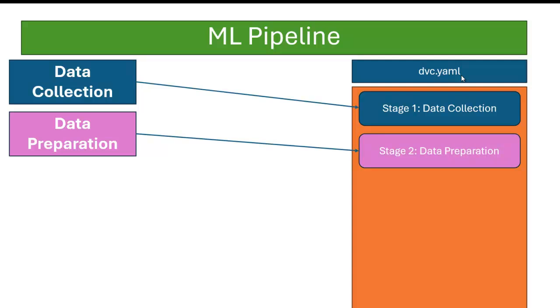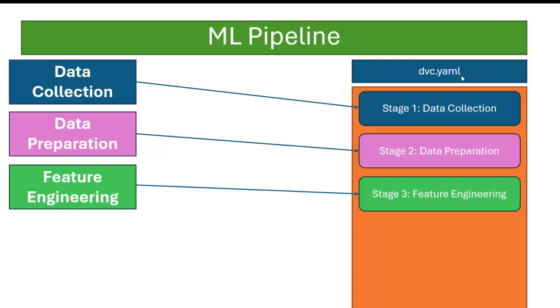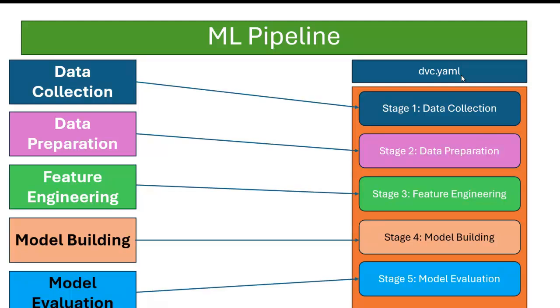We will follow this process for the other modules as well, up to model evaluation. We will add modules for data collection, data pre-processing, feature engineering, model building, and model evaluation to this dvc.yaml file. Here we call it a machine learning pipeline because we will build connections between all these modules. Don't you worry, we will discuss it practically.